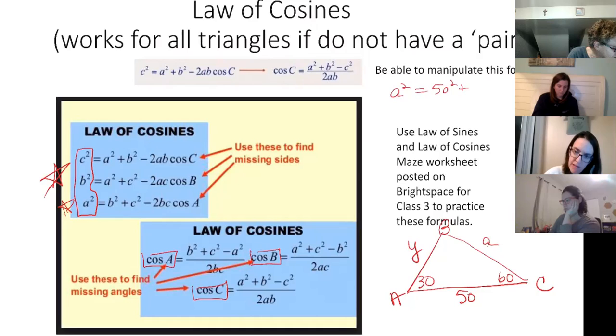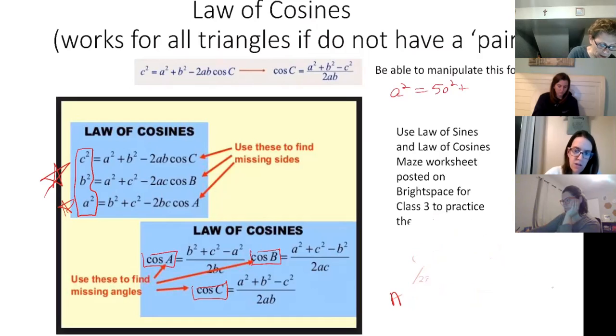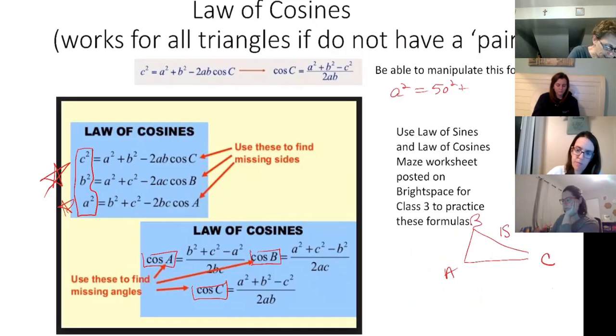So what did I do? 18 and 10 and 40. 18, 10, and 40. That's what I did. Okay, so can I just scratch this for a second? Because I started out this way and then I changed it, and this works better. So if I have this triangle, it's not a right triangle, but I had A, B, C, and this was 18, and this was 10, and this was 40. Now I have what I need.